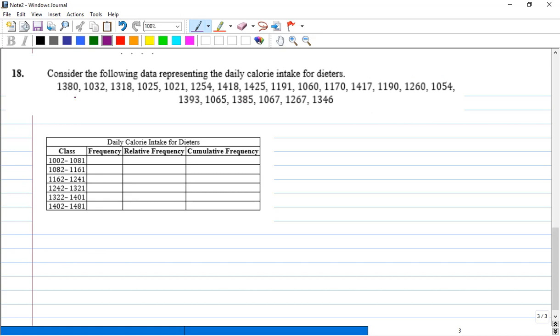I counted 21. Let me count again. All right, so I have 21 total. Now I'm going to list how many are in this frequency here between 1,002 and 1,081.